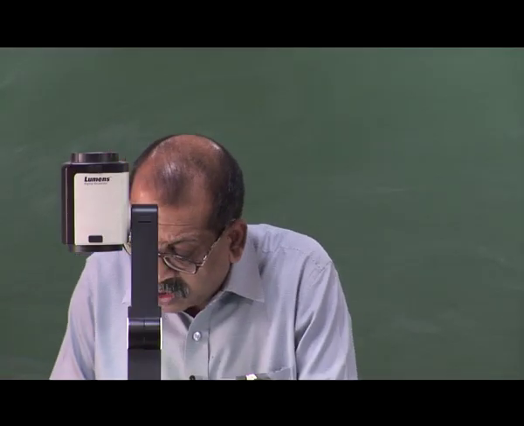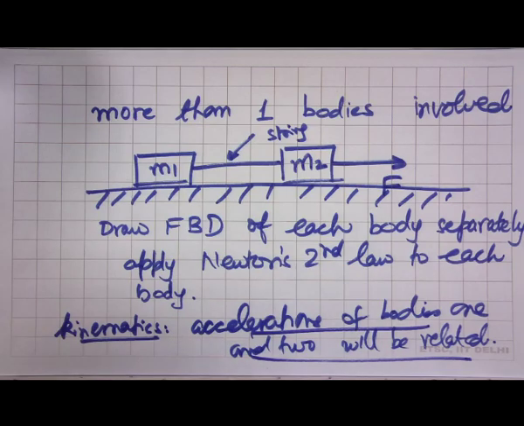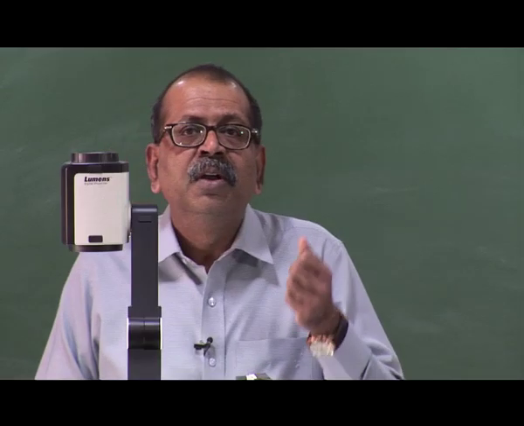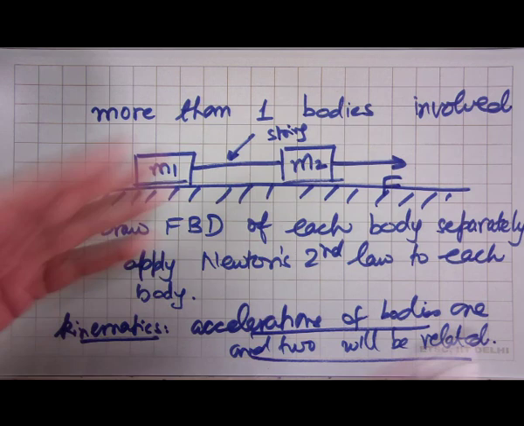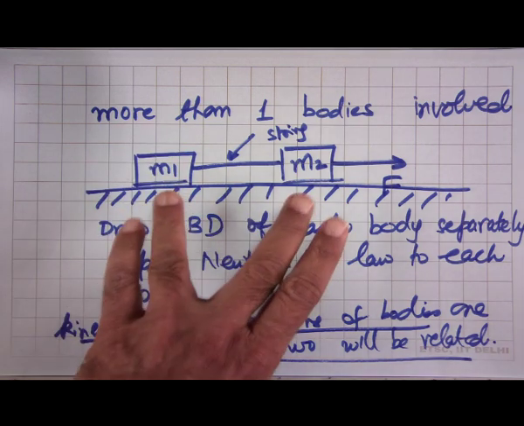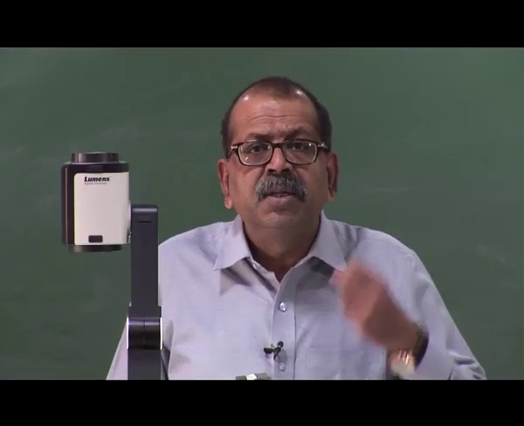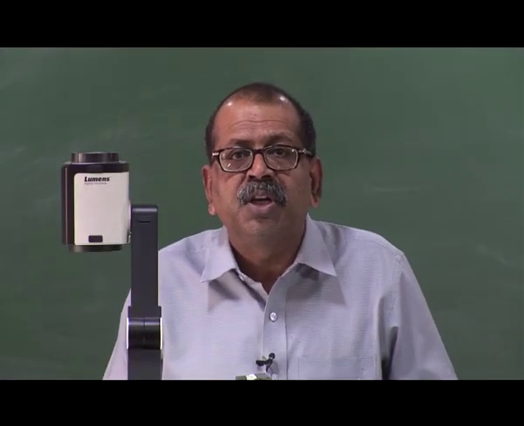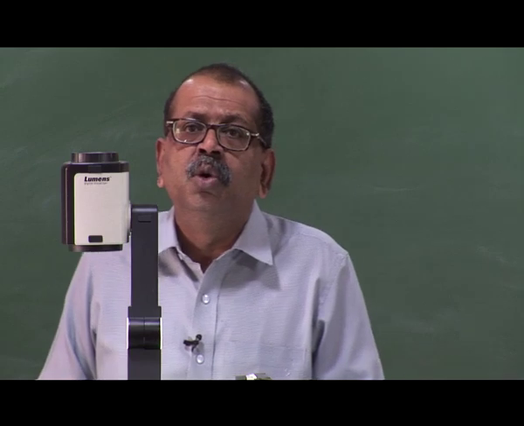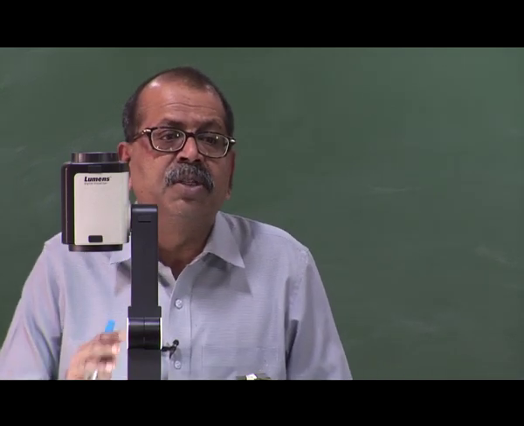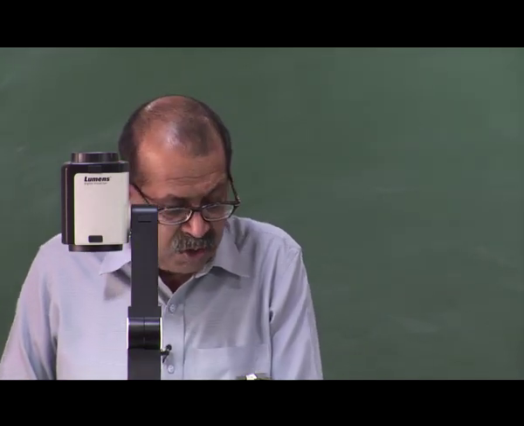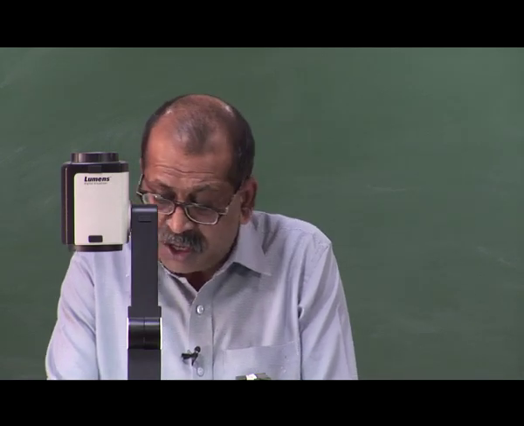So, these sort of relations between accelerations is what you will have to look for in problems. In simple problems like this one, the accelerations of m1 and m2 are equal, but there may be more complex problems where the accelerations of body 1 and body 2 will not be equal, but there will be some relation, and we will also look at some of these problems, not today, maybe in 1 or 2 classes from now.